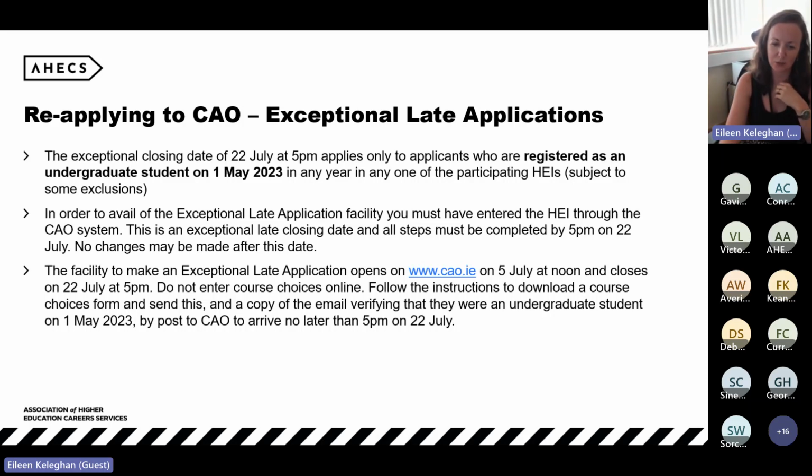They then have to follow the instructions on our website to download a course choices form and to return this form to CAO, along with a copy of an email verifying that they were, in fact, an undergraduate student on the 1st of May this year. And all of those documents have to be posted and with CAO no later than 5 p.m. on the 22nd of July. So when this facility opens on the 5th of July, there'll be detailed instructions on that page for the applicants to follow.